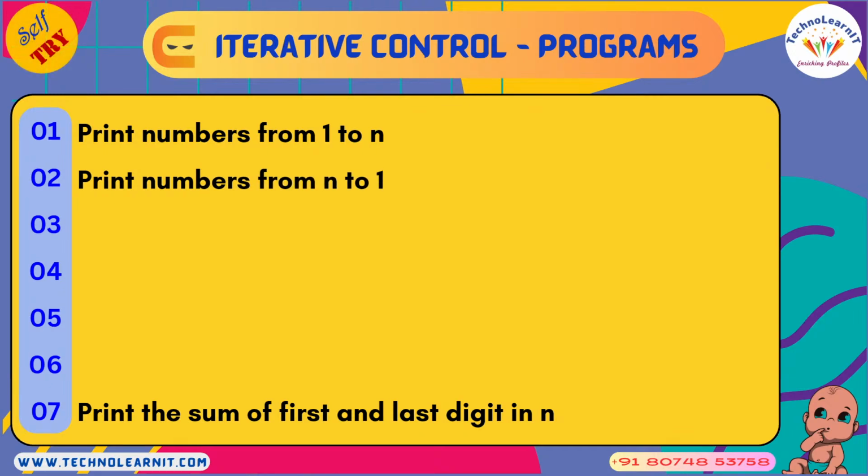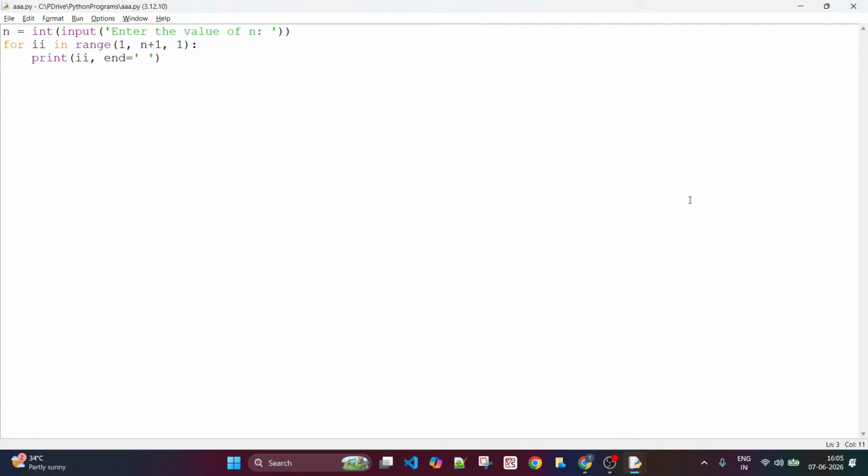Okay. How do you do this? n to 1. So again, you read the input, but you need to print from n to 1. So n is the starting point for you. You cannot put 1 as the stop value here, because if you put 1 it won't be printed, so you need to put 0 over here.